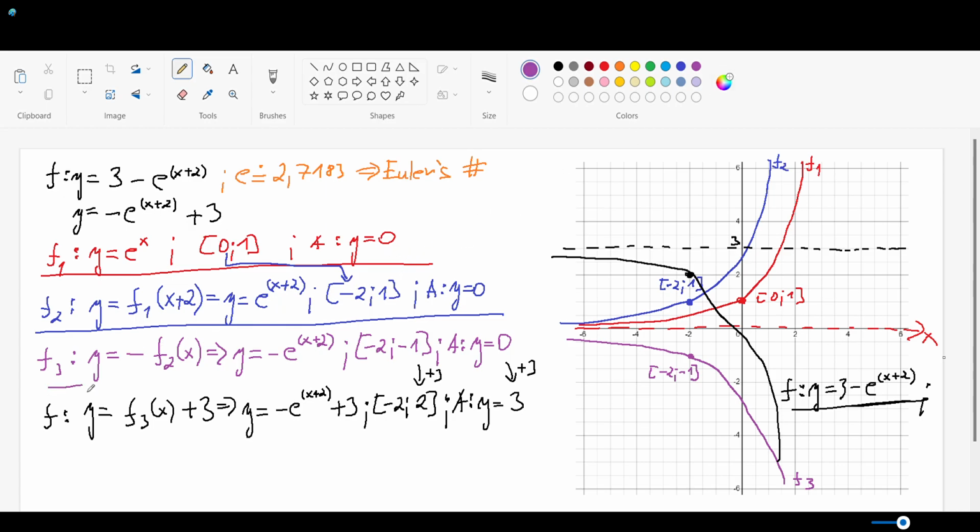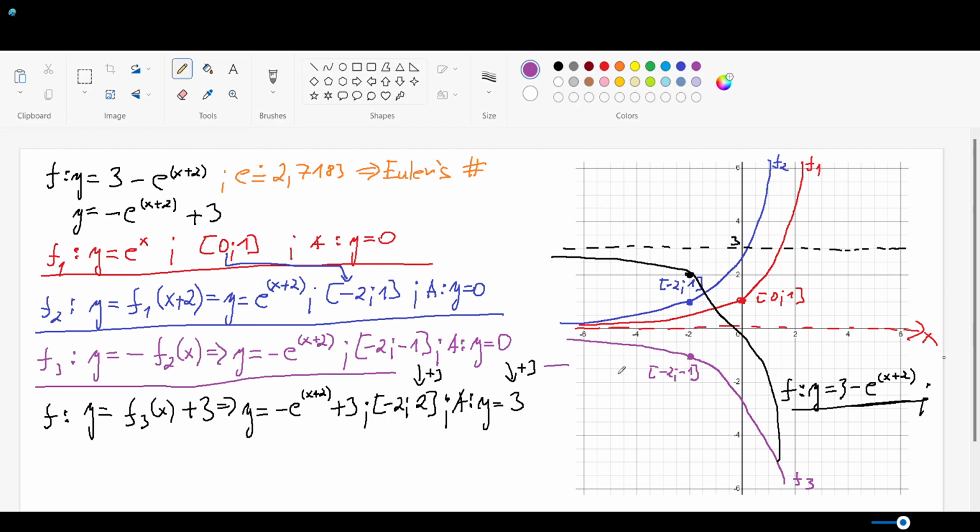The next transformation: we multiplied our function by -1, or put -1 in front of all the values from the previous function, which means the y coordinate of the anchor point changed to the opposite number. But this transformation didn't impact our asymptote.